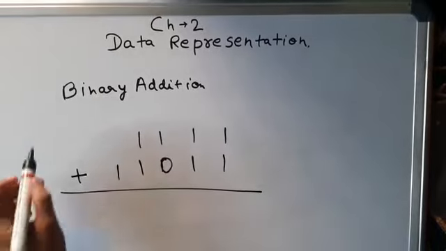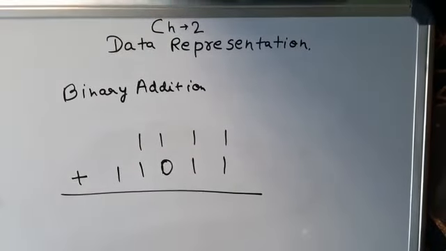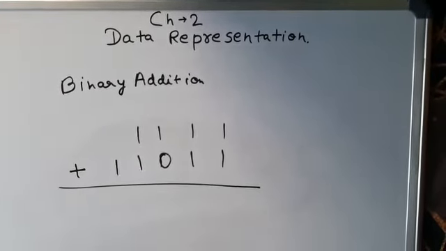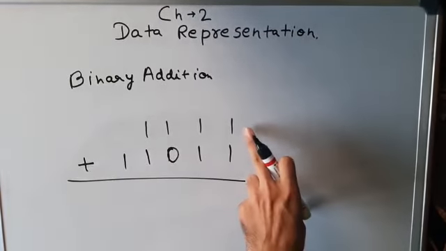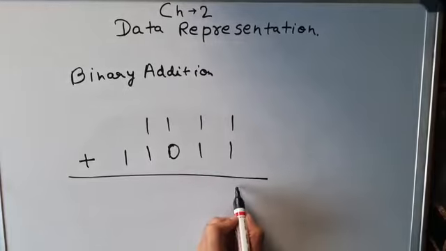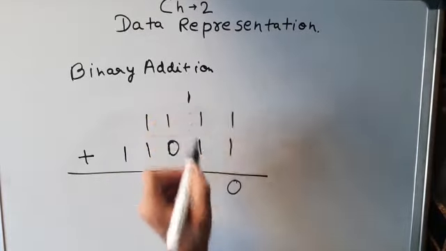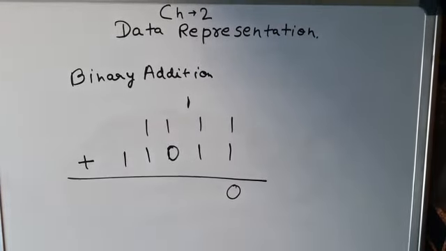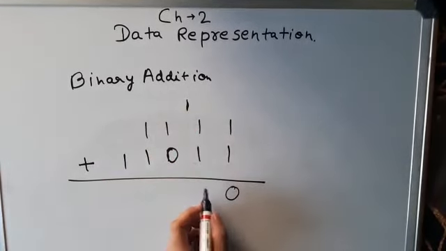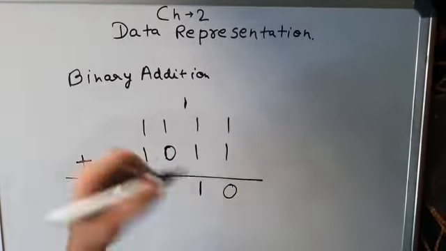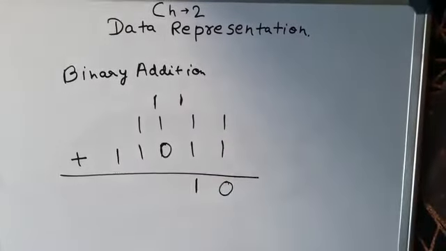Now let's take an example to add these numbers. 1 plus 1, the answer will be 0 and carry is 1. Now again, 1 plus 1 plus 1, the answer is 1 and the carry will also be 1.